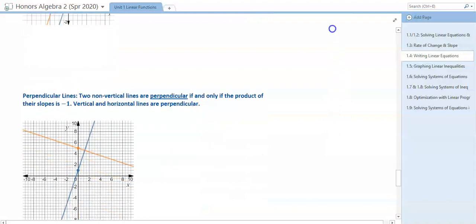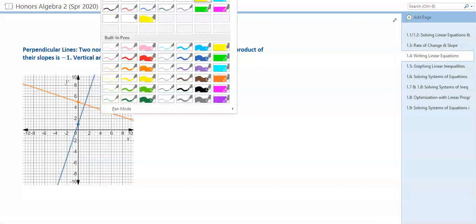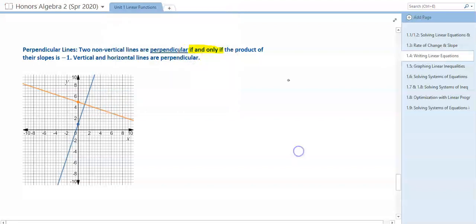Okay. Perpendicular lines, the two non-vertical lines are perpendicular if and only if. Okay, still putting a pin in that language there for a second. The product of their slopes is -1. So think about for a second, what two numbers could you multiply together? So I need a number A and a number B that multiply together to give me -1. Well, I can manipulate this equation a little bit.